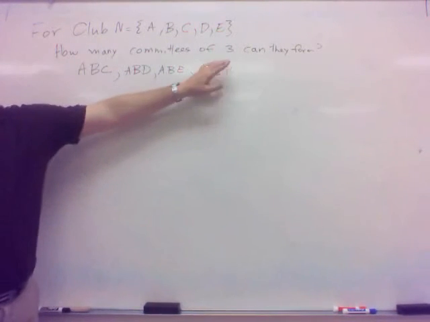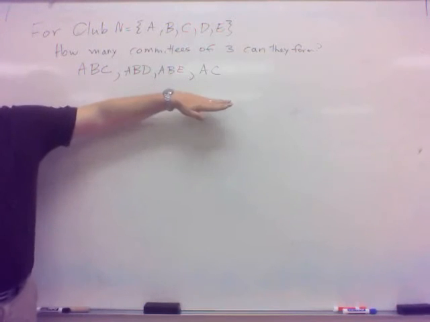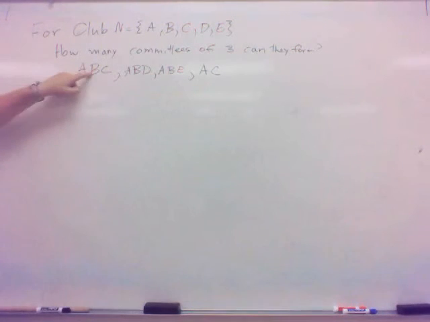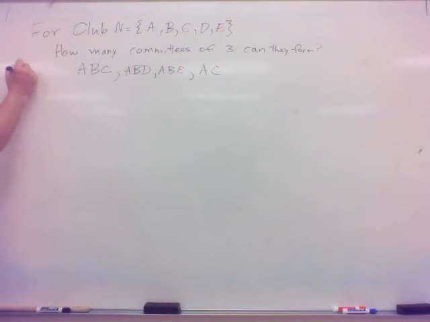Andy, Kathy, Bill. Why would that not be one? Well, Andy, Kathy, Bill is this committee, isn't it? On committees, what's not important? Order. On committees, the order is not important. And that's significant. That's why I'm writing it right there. Okay. The order is not important on these committees.